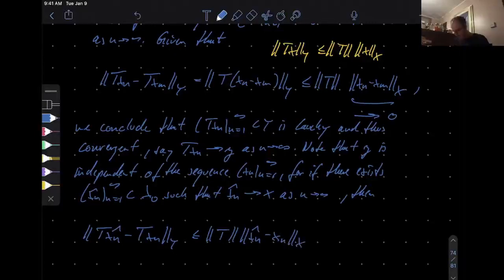Yeah, but they both converge to x, so this guy here as n goes to infinity becomes small, and hence T x_n hat converges to the exact same limit y as T x_n as n goes to infinity.